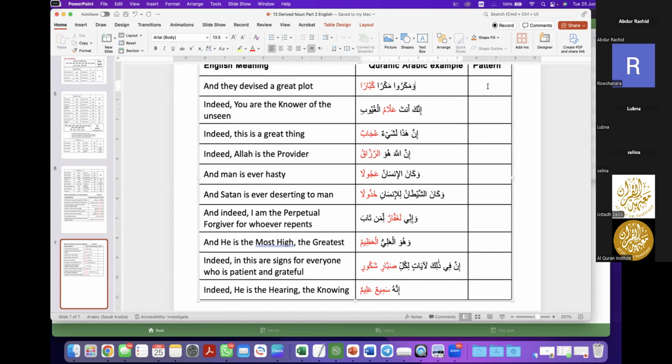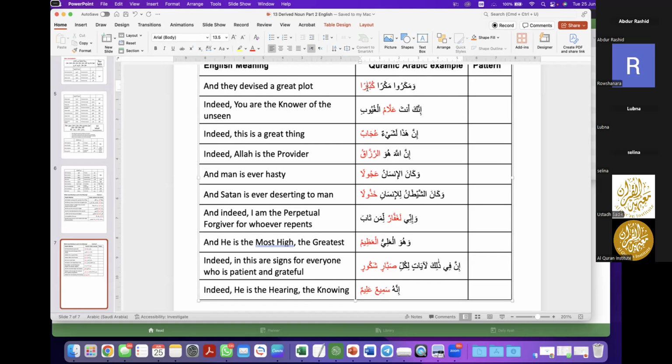Which one? I think that will be maf'ul mutlaq. It is in the same pattern as the word, you can see, with fathatain tanween, and it is also clearly matching the root. So it's maf'ul mutlaq.